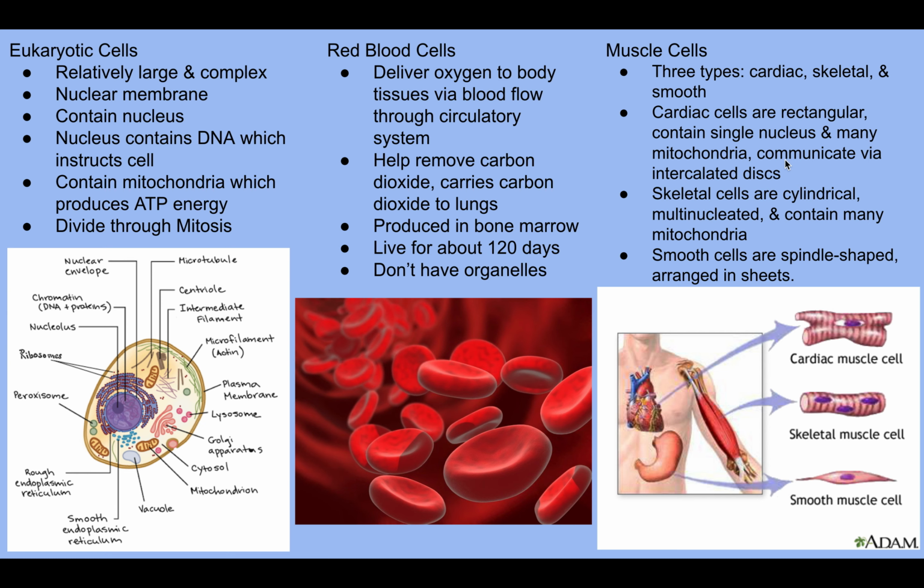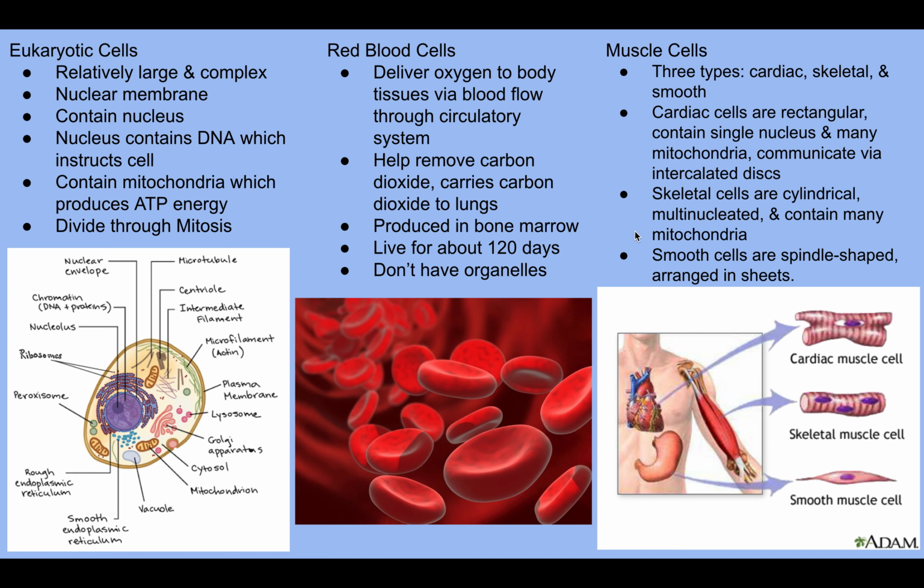Cardiac cells are always functioning. An example of this would be your heart. Your heart is always pumping, and if it ever stops pumping, then you would die. So that's why it cannot stop pumping. Even if, let's say, you're sleeping, your heart will continue to pump.